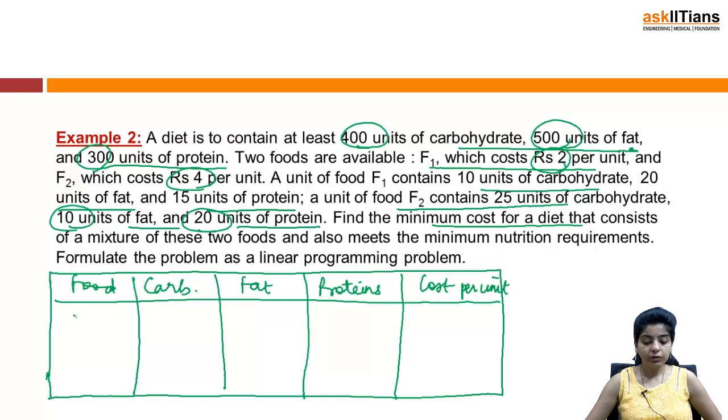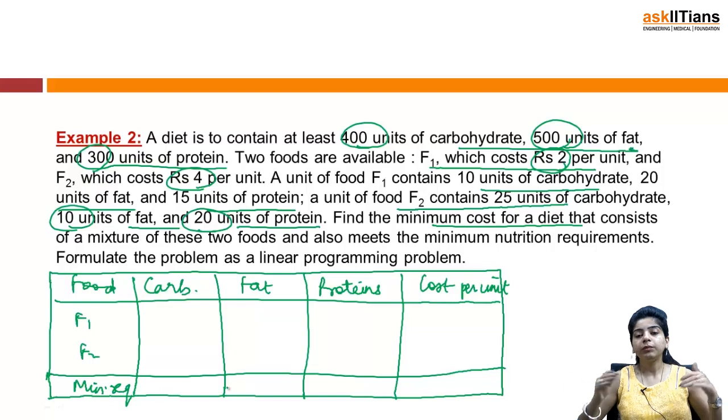And then here you will have F1 and F2, and we can just put the minimum requirement. You can form the table in either way. You can have this section here and you can have these sections here. You can form it in either way, right?